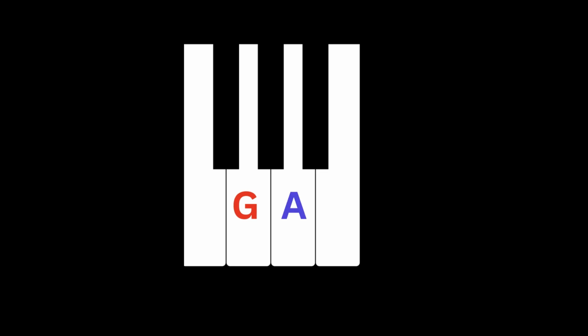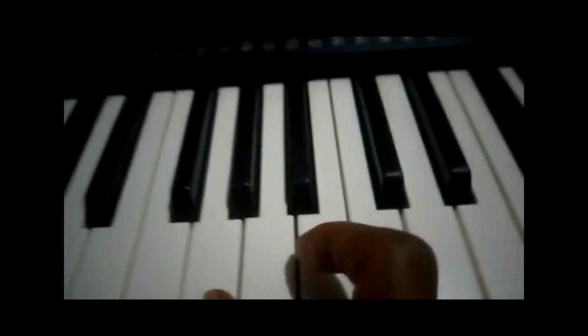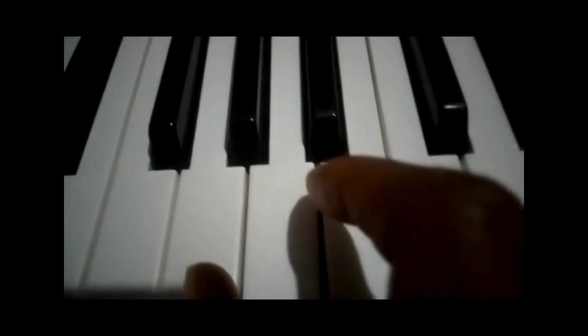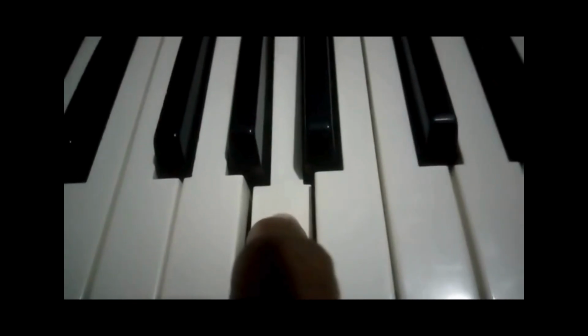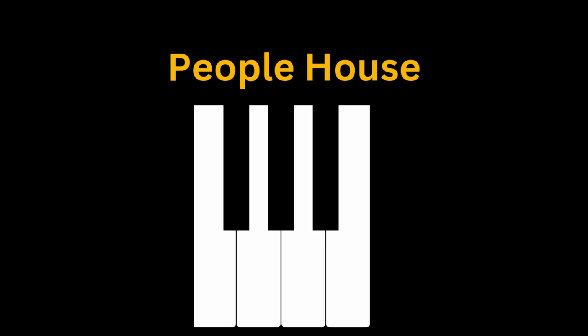So here we have G and A, and I will show you them here on the piano, and I'll play them for you. G, A. So if we like to think of this as a dog house, then we can think of this as a people house.